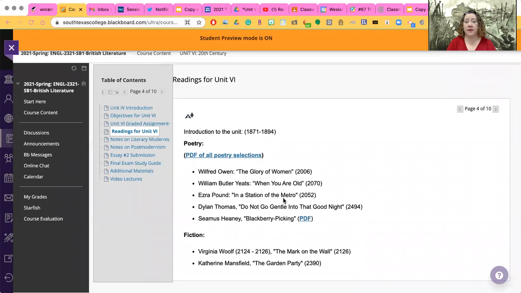Obviously, the goal on that day will be to point out the qualities of 20th century literature as they appear in those poems. I did make a PDF of the poetry selections right here, so if you just want to read the ones that are assigned, then you can get a PDF right there of these particular pages from the text. Otherwise, the texts are there.